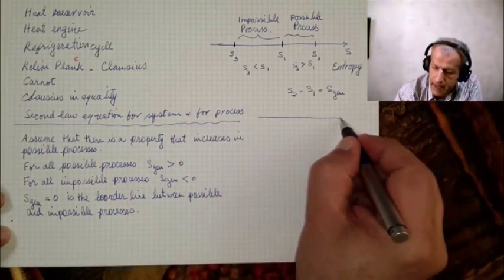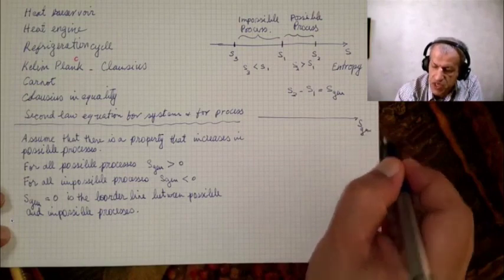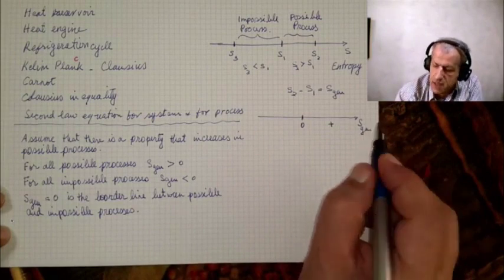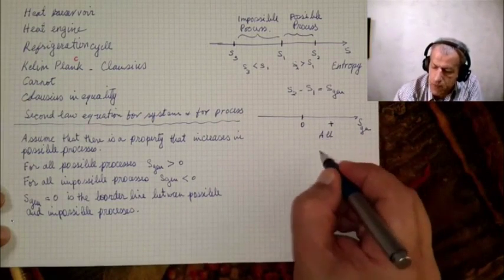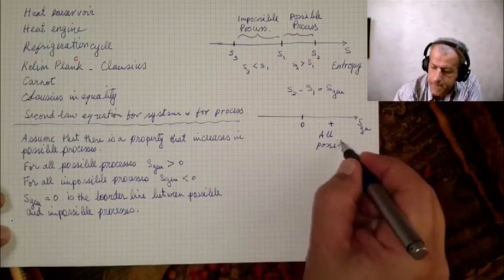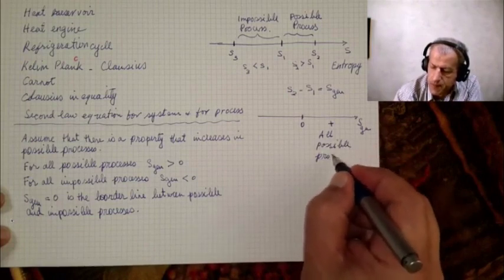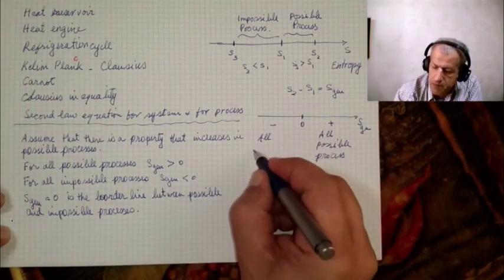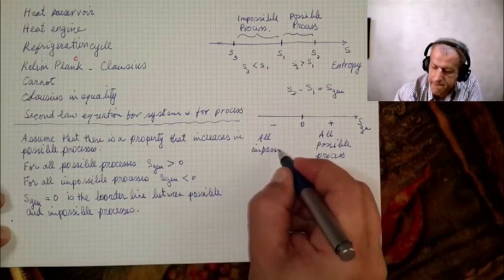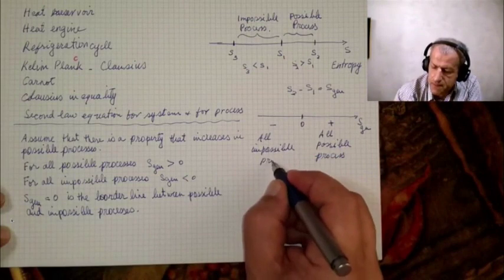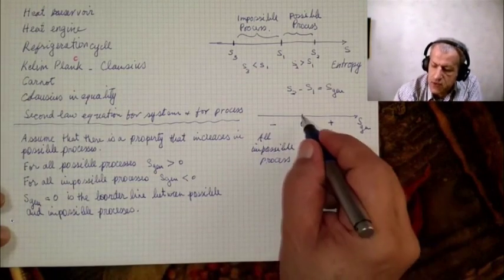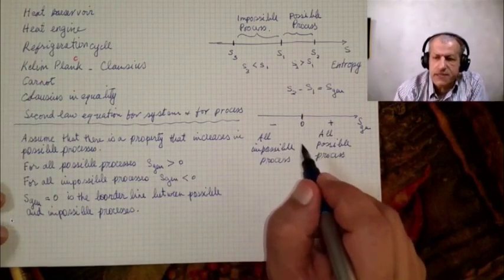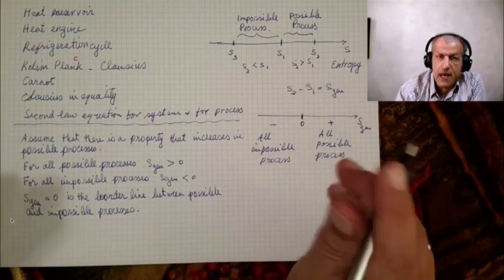But if I draw another axis for Sgen, generated entropy, then when Sgen is positive, this means all possible processes. If it is negative, it is all impossible processes, and 0 is the borderline between possible and impossible processes.